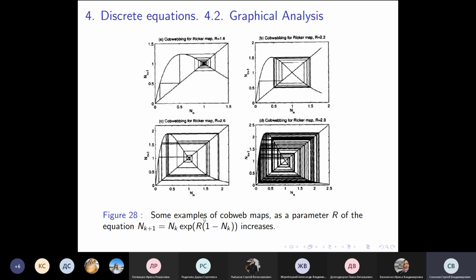let's look down. We are trying to cobweb an equation. n_{k+1} is n_k exponent r(1 - n_k). Looks complicated, but we'll see why we use the right-hand side in this way.